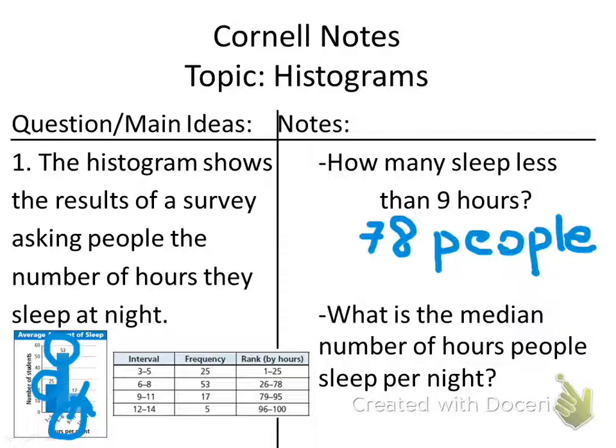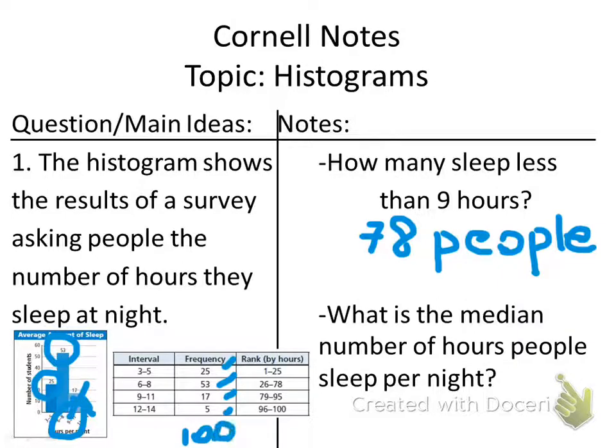Well, looking at the other chart, we can tell the median by looking at the frequency. So if I find the total number of people surveyed, the total number would be 25 plus 53 plus 17 plus 5 is 100.